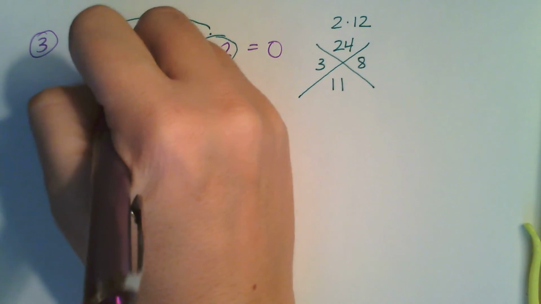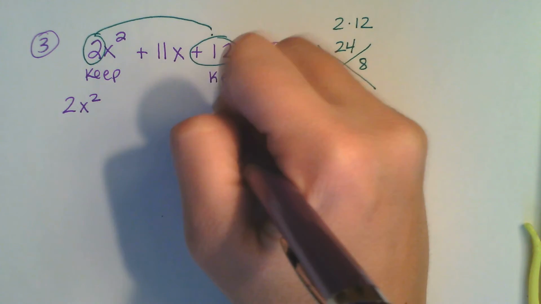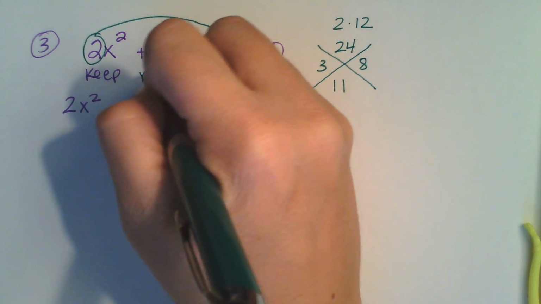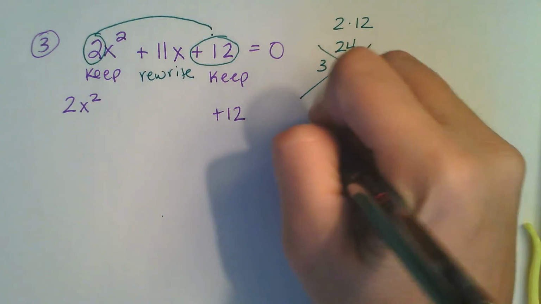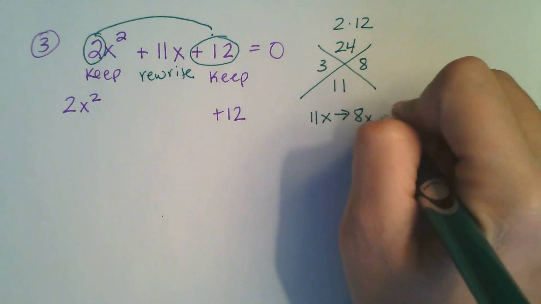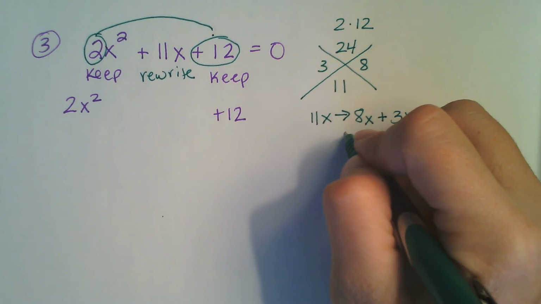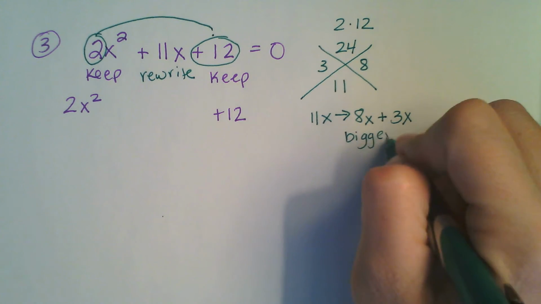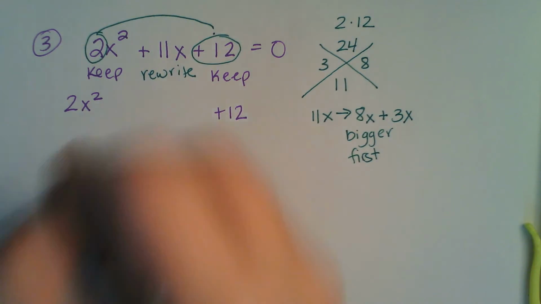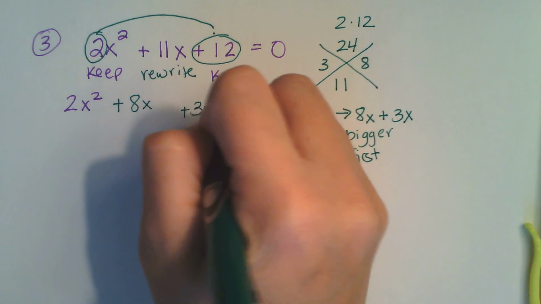So I keep 2x squared, and I keep plus 12, and I rewrite 11x using 3x and 8x. I'm going to put 8x first. It just seems to work better when we put the bigger number first. So plus 8x plus 3x.